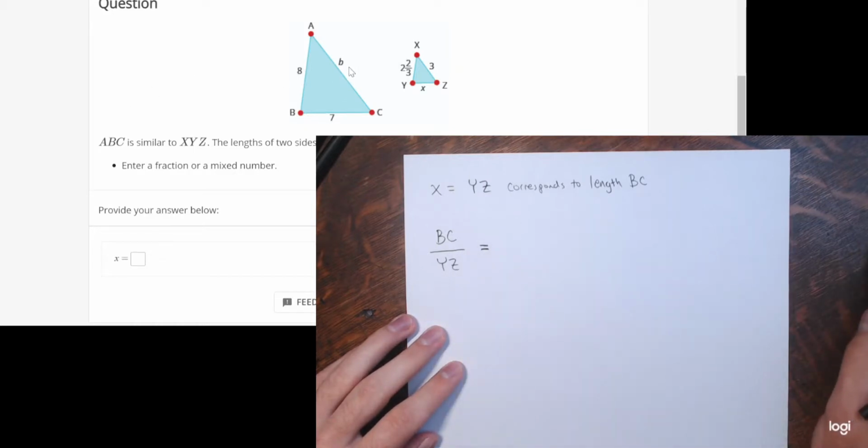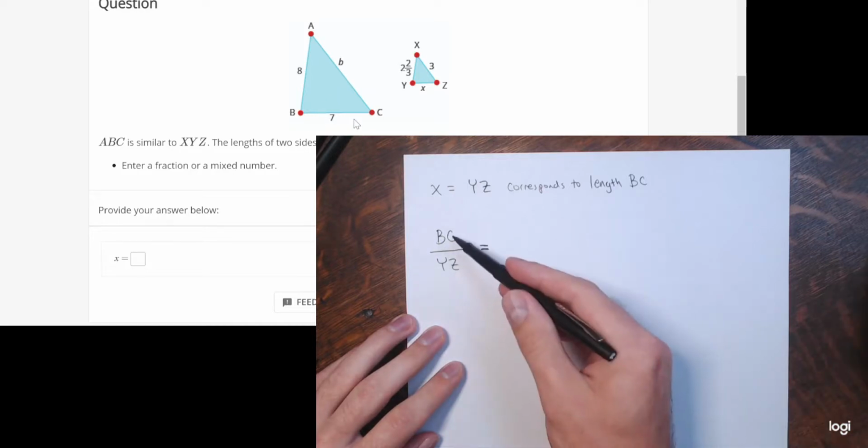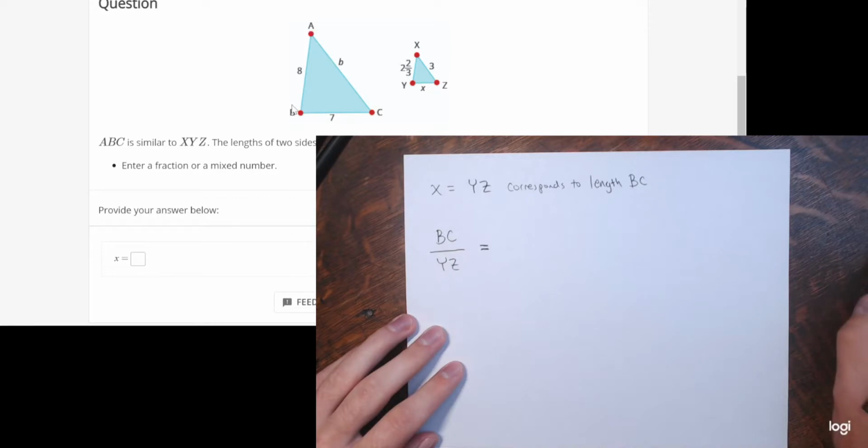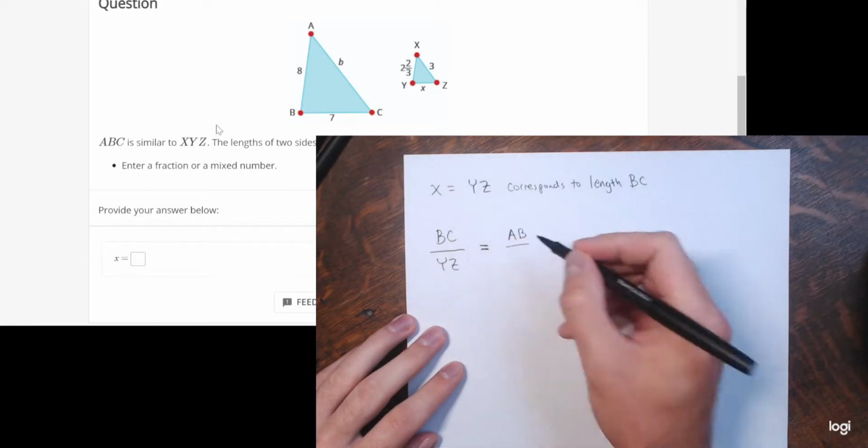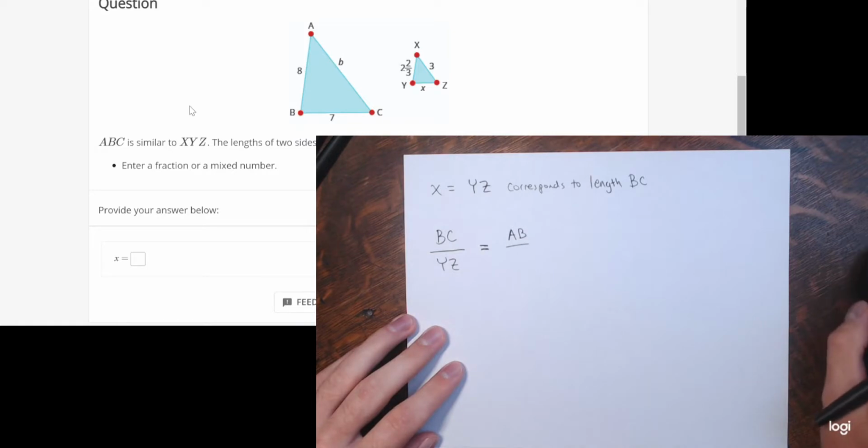I don't want to use that. I'm already using BC in the first fraction, the left fraction. So how about AB, length AB. Let's do AB, and then AB would correspond to XY.